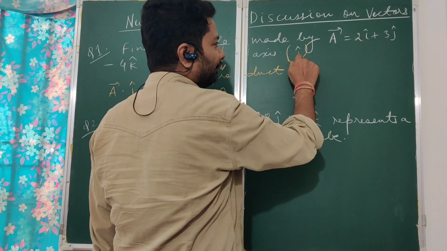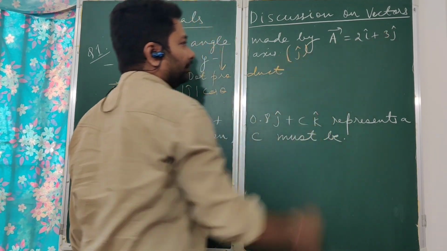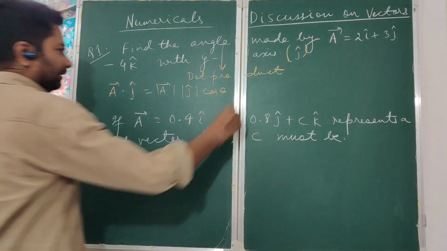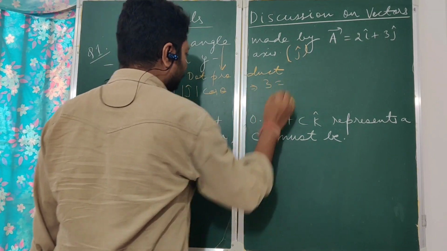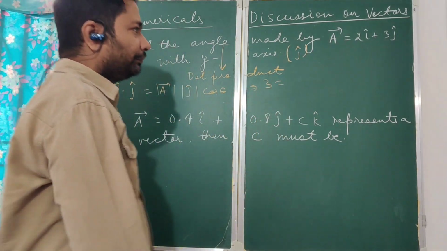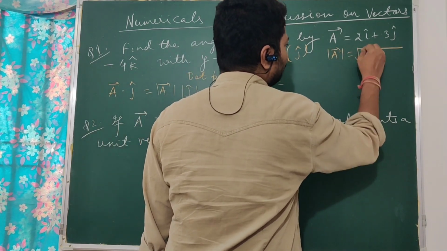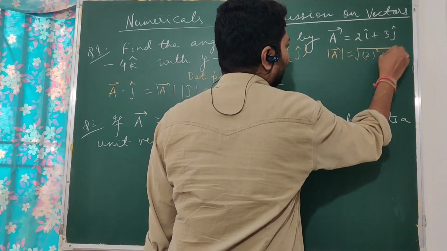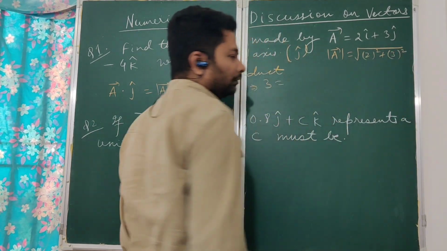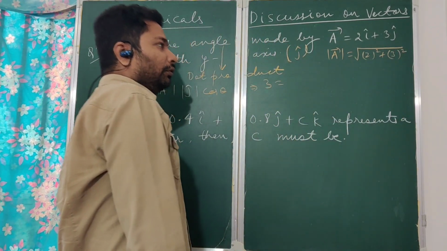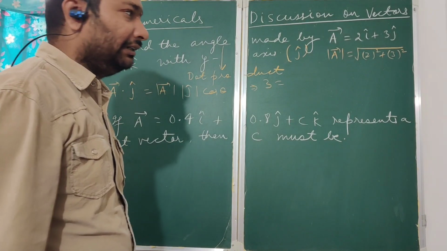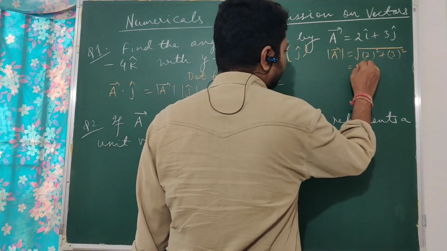Now what is the dot product of these two? i cap dot j cap will be 0, so we get 3. So on the left, this can be written as 3 is equal to mod of a, mod of j cos theta. What is mod of a? Here you can see mod of a is root of 2 square plus 3 square, so root of 4 plus 9, which is root of 13.